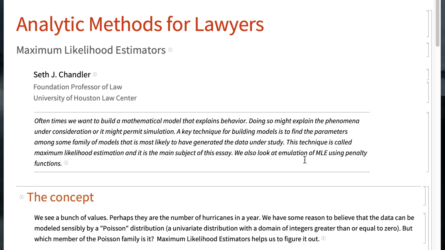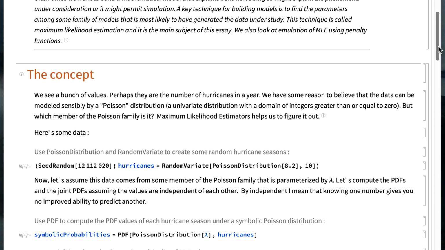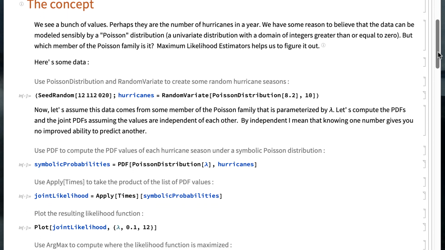We're also going to look at how one can emulate maximum likelihood estimation using penalty functions. Okay, so let's get the concept under our belt.